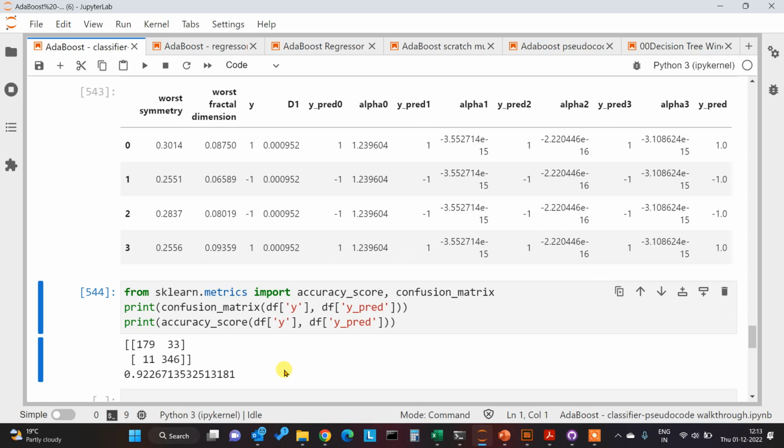So if we increase the number of trees, our accuracy may increase. But anyway, we didn't attempt that because that was not our objective. So go through this notebook in comparison with the pseudocode, so that we can understand how pseudocode comes to life.